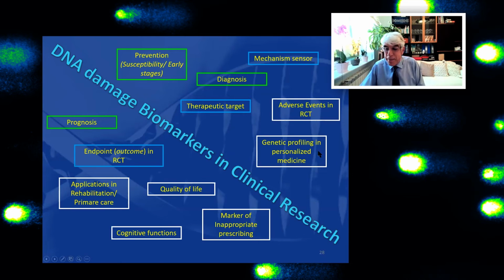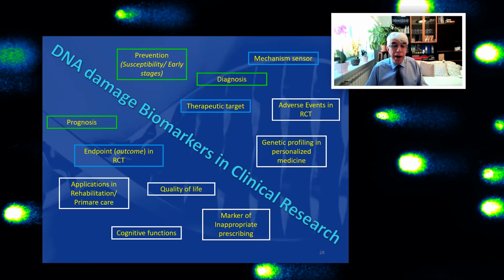Genetic profiling in personalized medicine. DNA damage is more and more used in genetic profiling, because the problem of profiling is that when you look into a single gene, the effect is too small, and there are so many pathways that repair the damage.